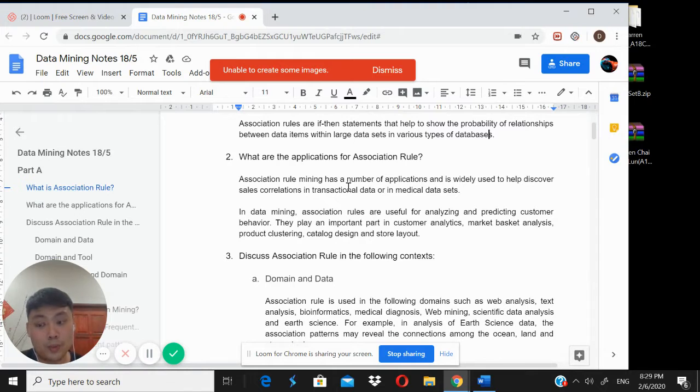This is because, like the example I mentioned before, we can know the demand of the market by knowing the relationship between those items. For example, I'll give another example: people who buy rice, how likely will they try to buy oil, sugar, and salt, something like that. So we can use association rules to know the relationship between rice and sugar, rice and salt, rice and oil.